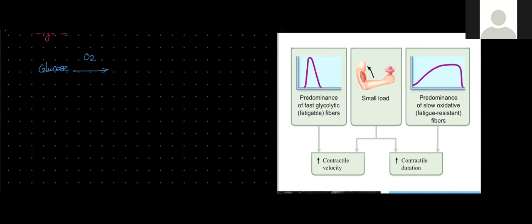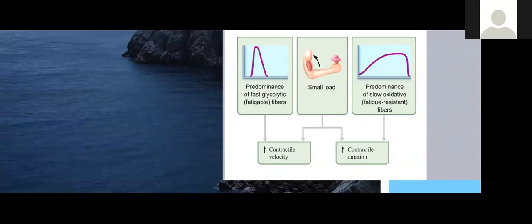Which one is going to be faster to generate the energy? Without oxygen, right? Anaerobic. So this is why this muscle fiber is going to be the one that's contracting faster.